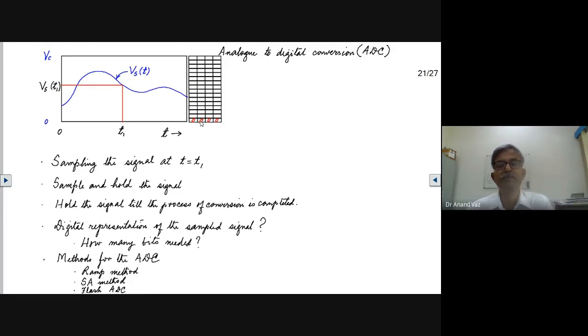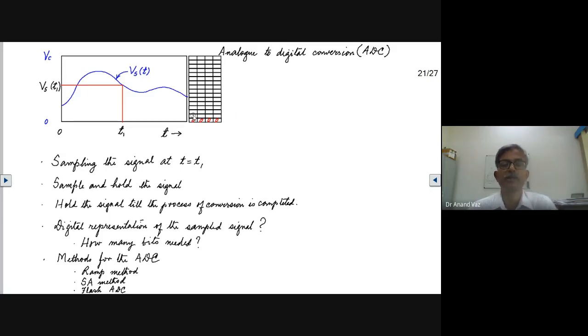When we double it, we will have a byte. So in that case, we can represent our sampled signal in terms of a byte. But just for you to understand this, I'm taking a hypothetical example with bits of representation like this.